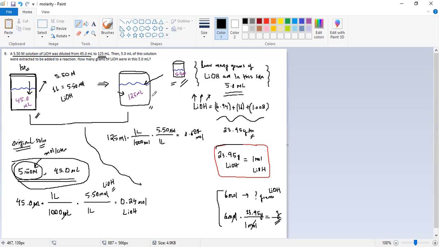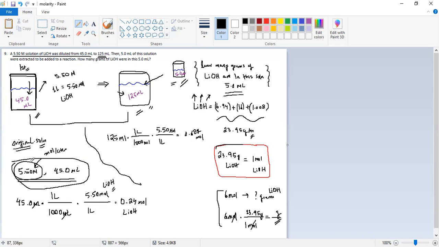The idea behind why it's different, not because it actually is different, but because 125 milliliters has its own separate molarity, right? In the question, it's given us both the molarity and the milliliters of the first scenario. But when it starts talking about another scenario, it's changed the amount of milliliters, but it hasn't given us how much molarity that 125 milliliter solution consists of. So the molarity changes.